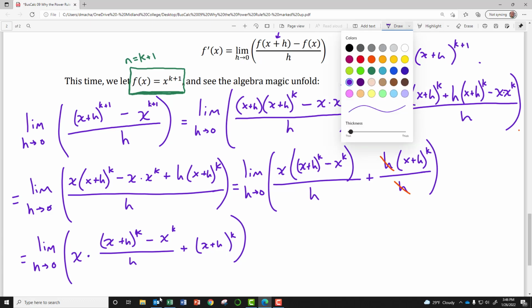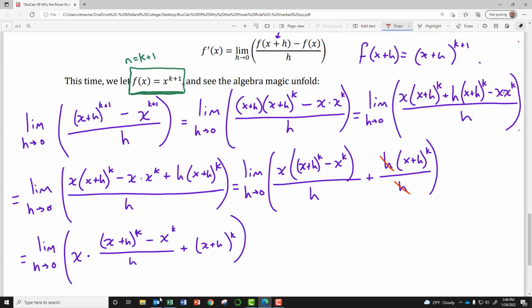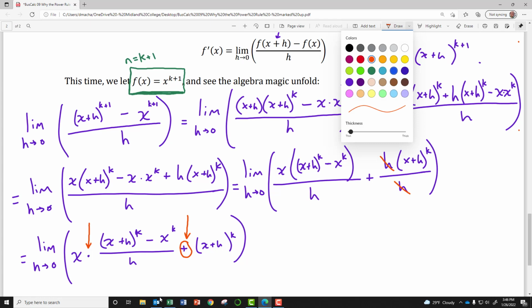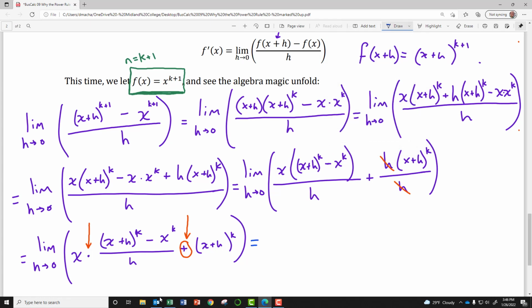And I want to point out a rule of limits, actually two rules of limits in this particular step that we've talked about in a previous lesson. The first is that if you see terms added inside a limit, like where this plus sign is, I can break up my limit into two different limits at this plus sign, and so that's what I'll be doing. And also, where you see this multiplication going on, I can break up a limit into the product of two different limits at the multiplication sign. I'm going to be doing these simultaneously so that this limit is now going to become three different limits.